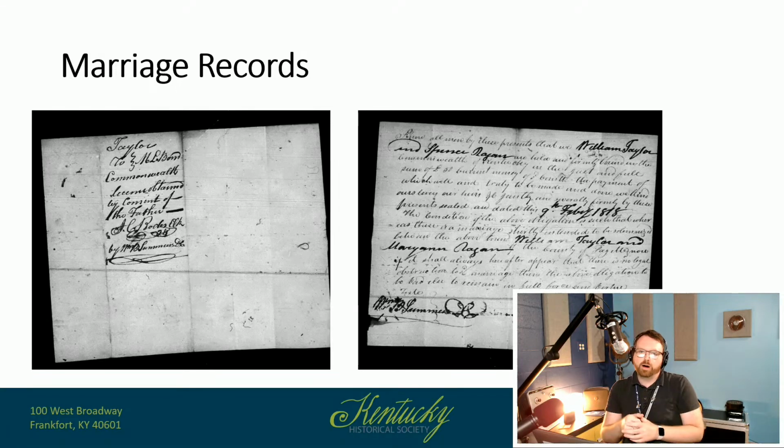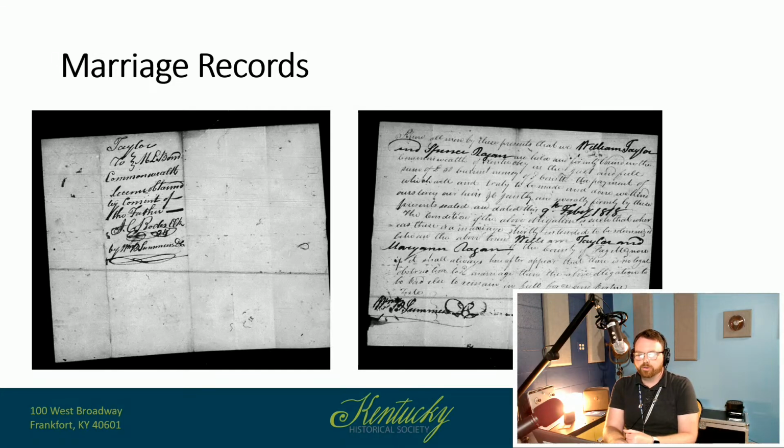Basically, they put up a bond to ensure that the wedding was going to happen, and there's a surety. But you can find names, potentially a father's name or somebody's name who signed on. So if you can find those, and if either of the married couple were underage, then there's a stronger chance that a mother or a father signed for one or both of them. So you can always keep a lookout for things like that.